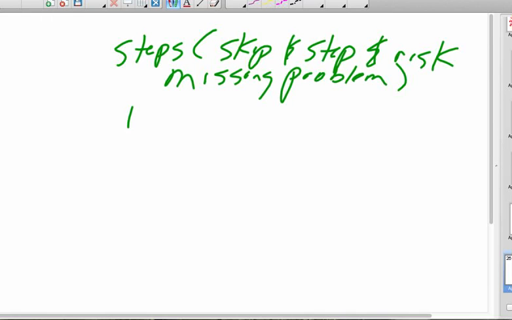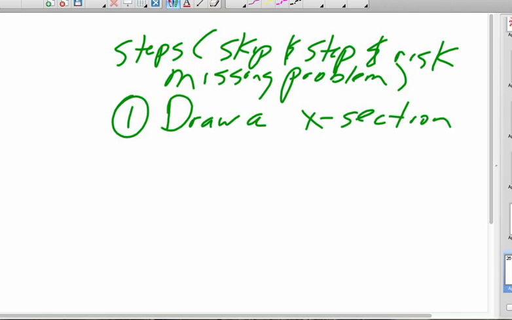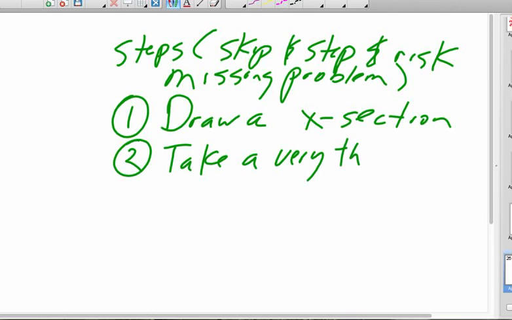So the first one is to draw a cross section. The second one is to take a very thin slice. It's going to have a thickness of dx.